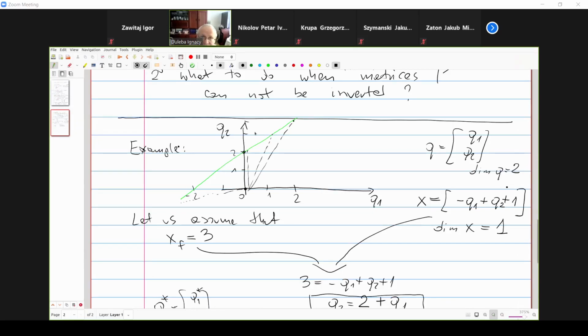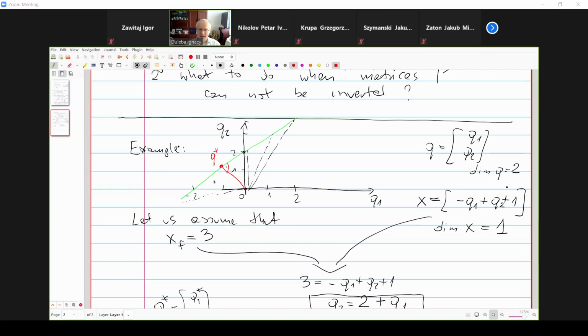But can you see that there is a single point like this, which is closest to the origin of this frame, and this one would be our selection. Why? Because it is optimal to some criterion.